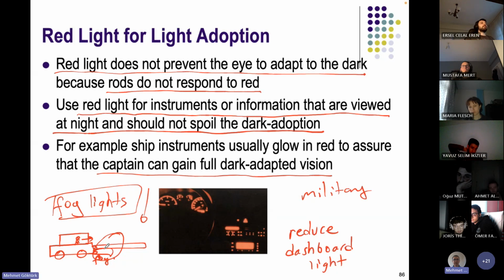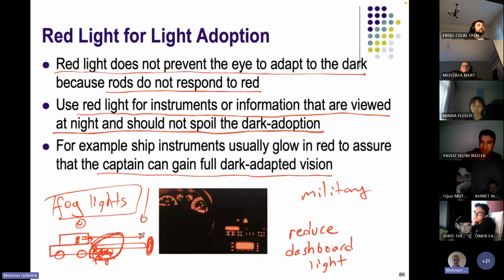You may feel that there is more light in front of you, and you might be happy. But since there is a high level of illumination in front, your retina adjusts at that level of illumination, and far objects cannot be seen because it is not dark anymore. Therefore, you should turn off your fog lights so that your eye can adjust to the far illumination, which is darker.